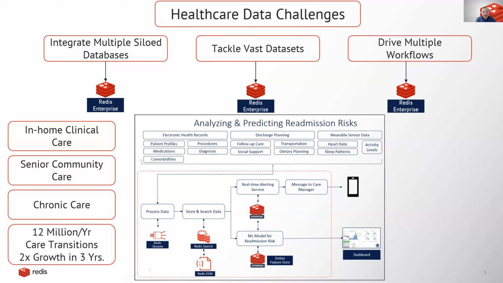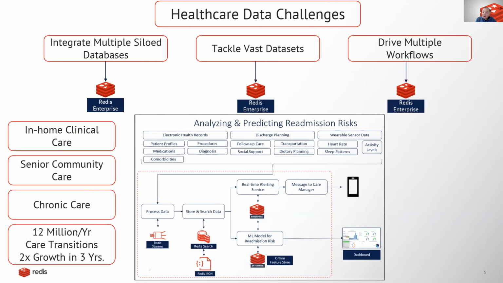You need to be able to get all the health records, patient profiles, what were the medications that were given to this particular patient, procedures, what were previous diagnoses. During the discharge, what were the follow-up care instructions that were given? How do we plan on specific dietary restrictions or recommendations?